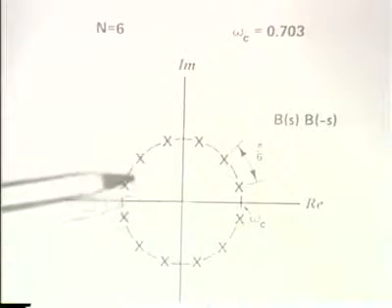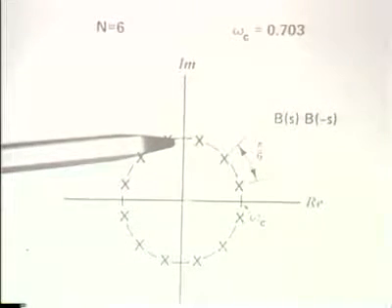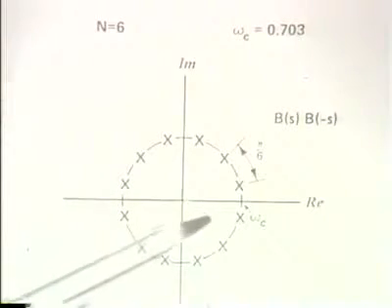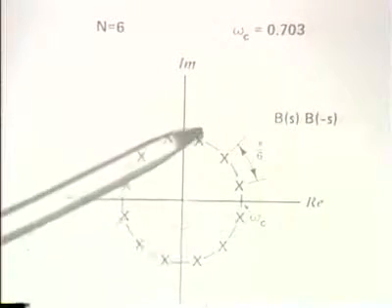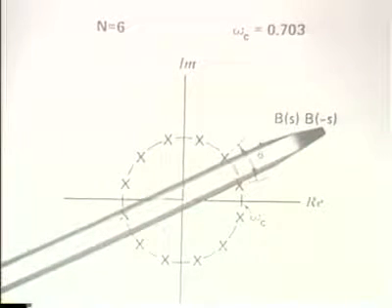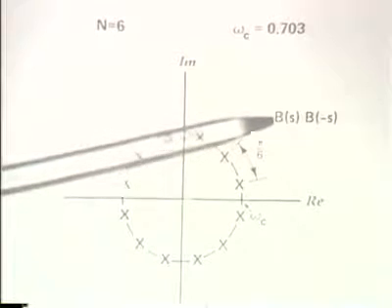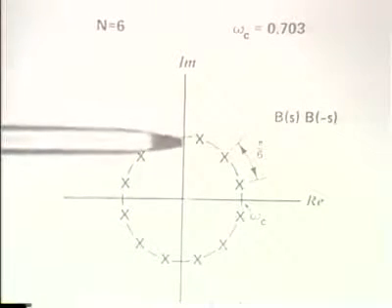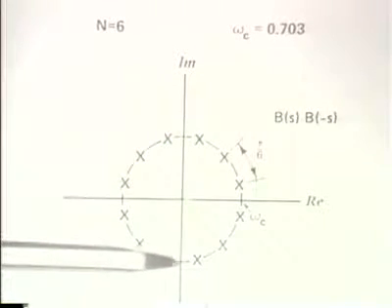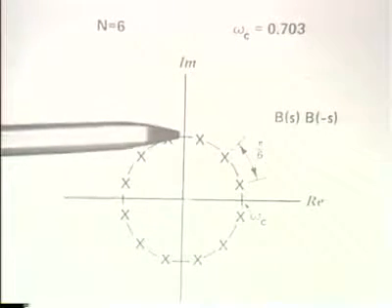Those poles are located on a circle in the complex s-plane. And the poles on that circle are paired, some being associated with B(s) and some with B(minus s). And in particular, to determine B(s), we would simply take the poles on the portion of the circle that's in the left half of the s-plane.